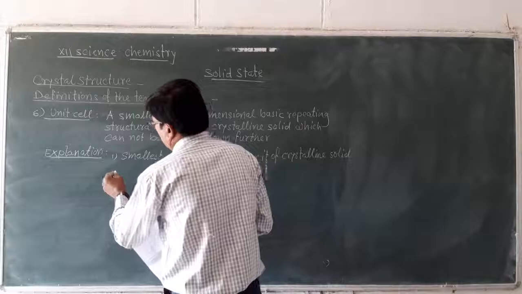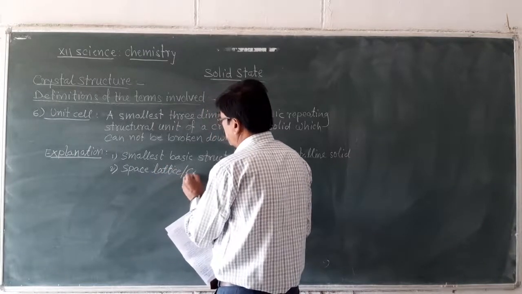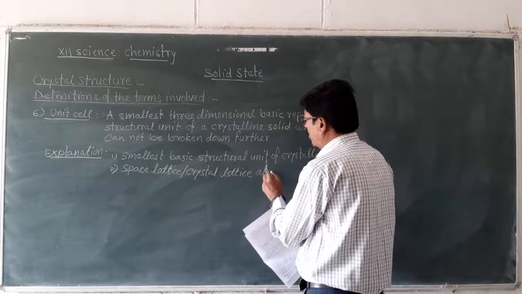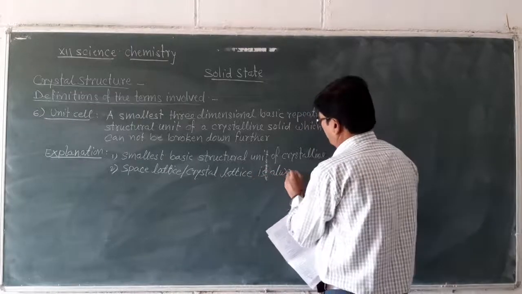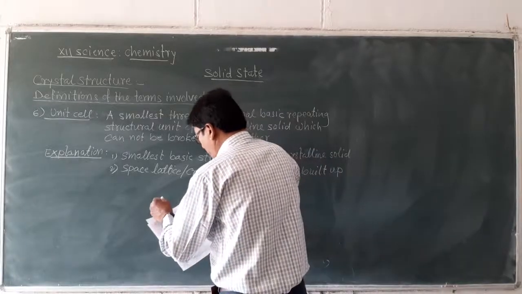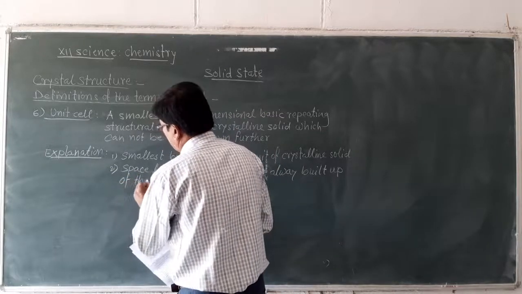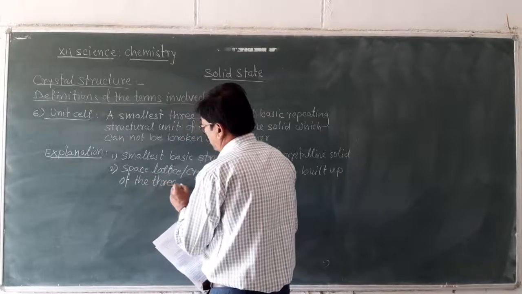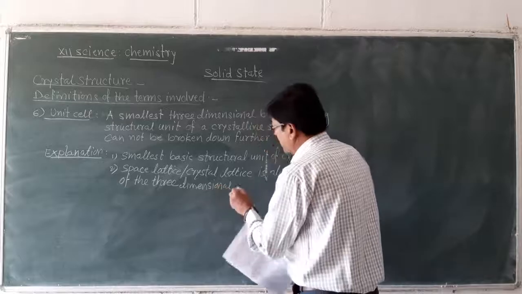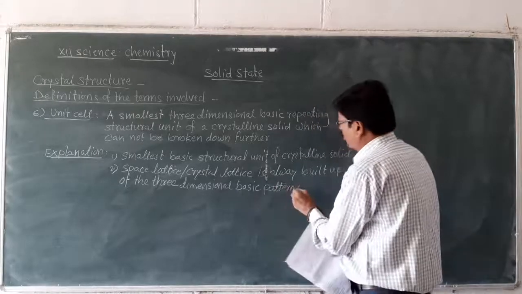Second, space lattice, or you can say crystal lattice, is always built up of a three-dimensional basic pattern of unit cells.